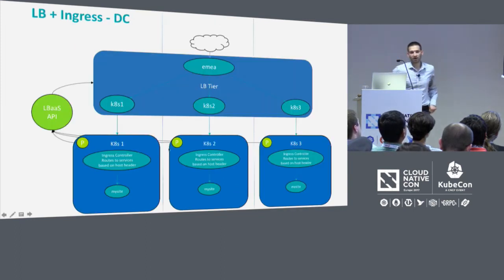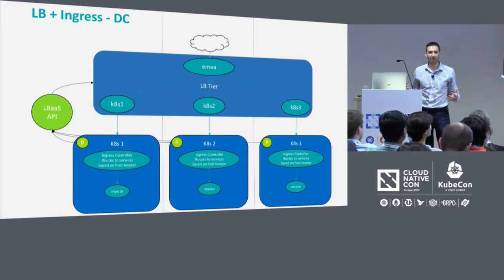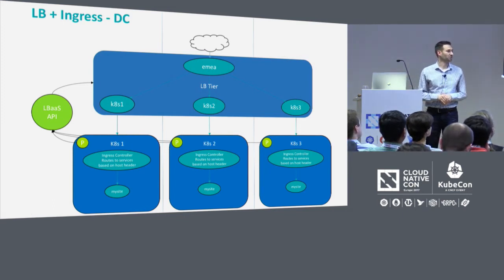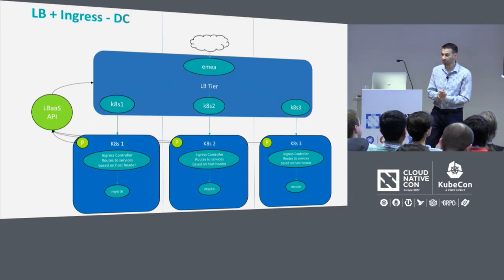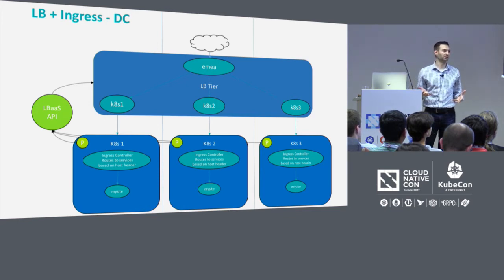OK, so having hit some stumbling blocks there, we decided to look at other alternatives. Is there some other way to solve this problem? We went back to our load balancing tier and said, why don't we couple what we're doing today with load balancing inside our data center with Ingress?